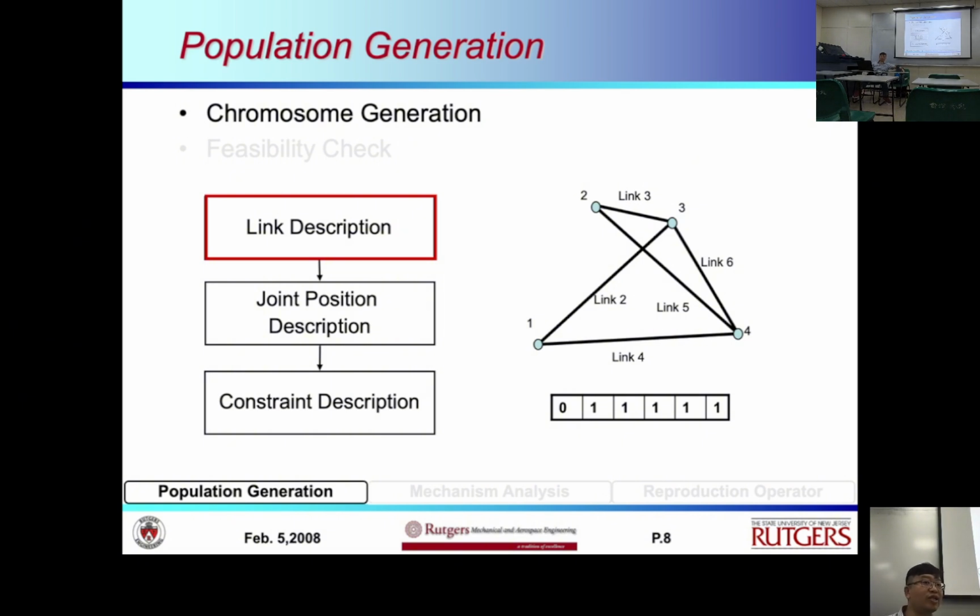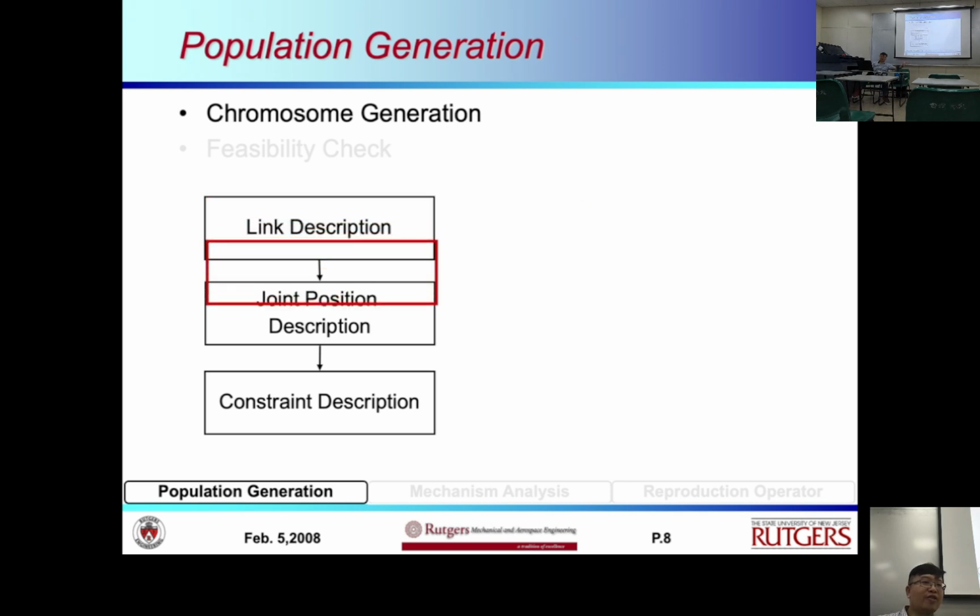Is this the only way to define a linkage mechanism? No, but this is her choice. That's why whenever you use GA, you need to describe precisely and carefully how you define the chromosome. Otherwise, people cannot follow you and cannot understand how you performed GA.